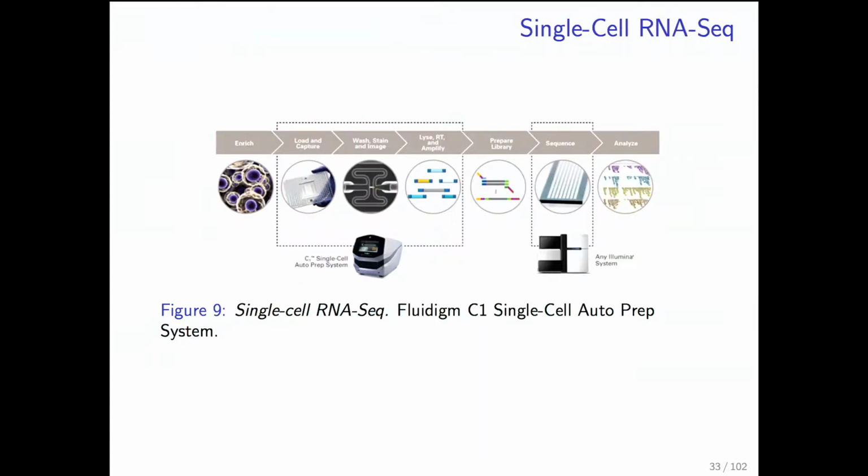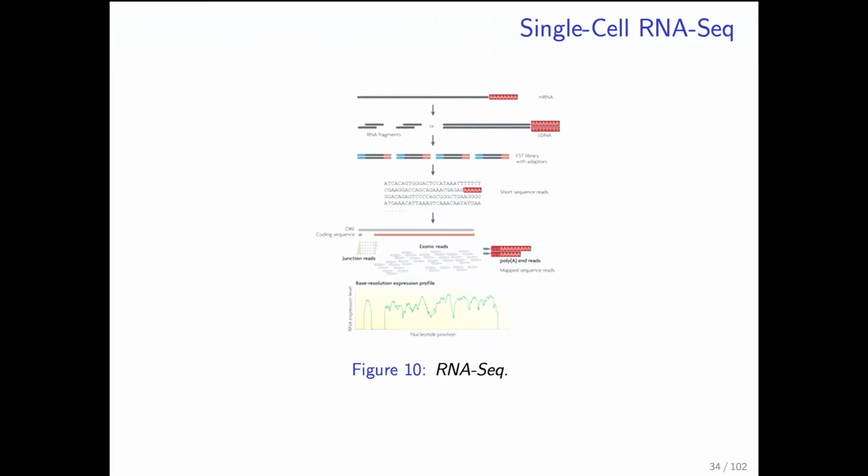And we're using single-cell transcriptome sequencing. So the first step in a single-cell RNA-Seq experiment is to isolate individual cells and then extract RNA from these cells. And we did this using the Fluidigm C1 system. This is my cartoon of RNA-Seq. The RNA molecules are just chopped up into pieces and then sequenced.